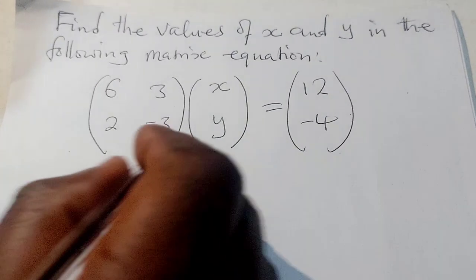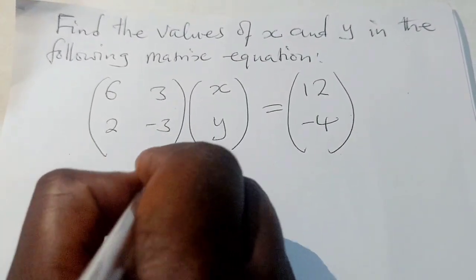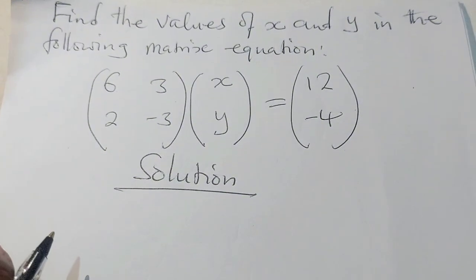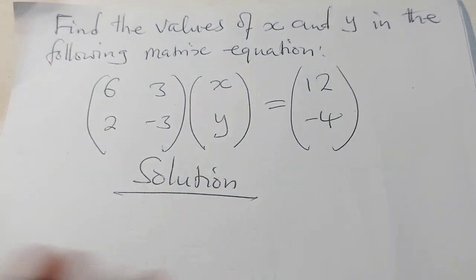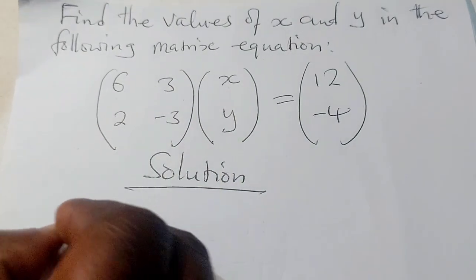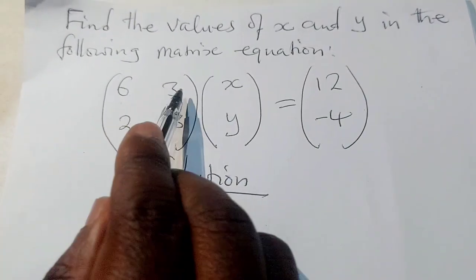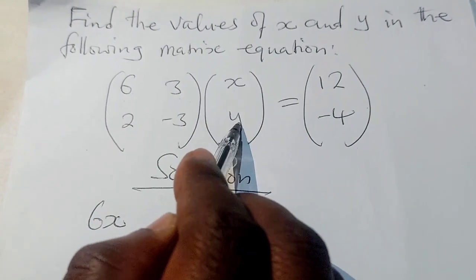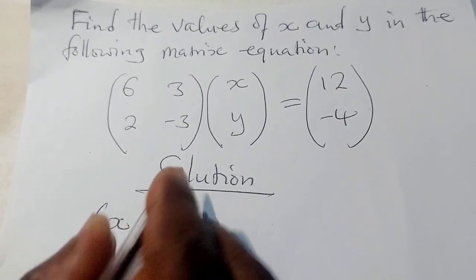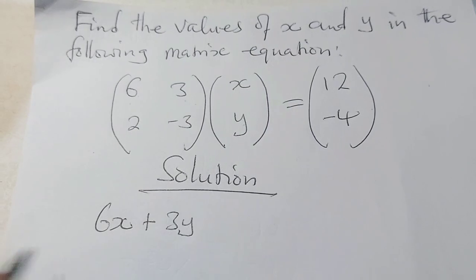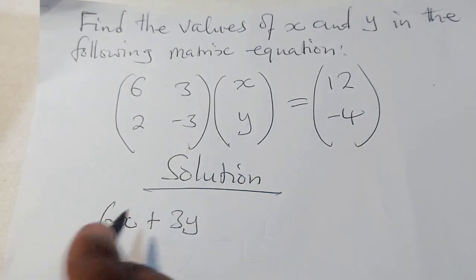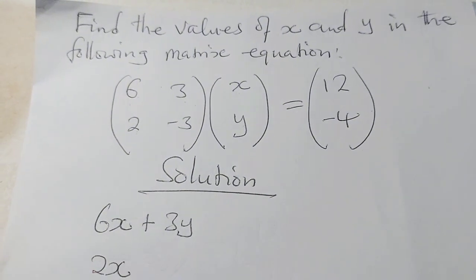So here we go. I'll have to write a solution here. It is going to go like this: 6 multiplied by x gives us 6x. 3 multiplied by y, then here we're going to add, so it is plus 3y. Now for this one, it will be 2 multiplied by x, so 2x.